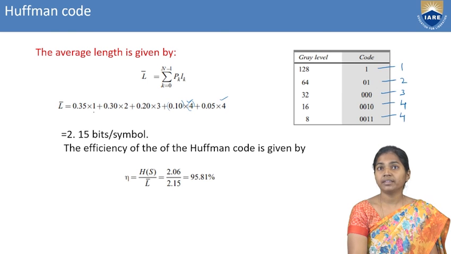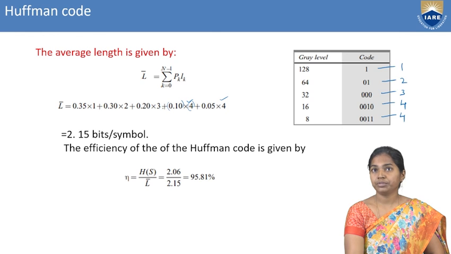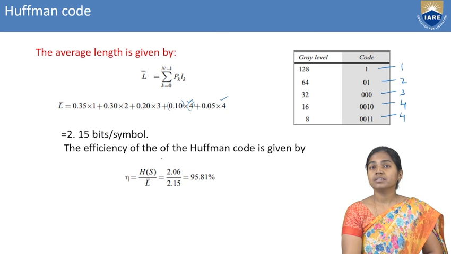So multiply: 0.35 into 1 plus 0.30 into 2 plus 0.20 into 3, plus 0.10 into 4 plus 0.05 into 4. Now multiplying and adding, we get 2.15 bits per symbol.